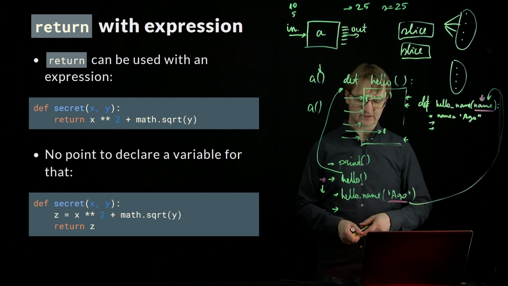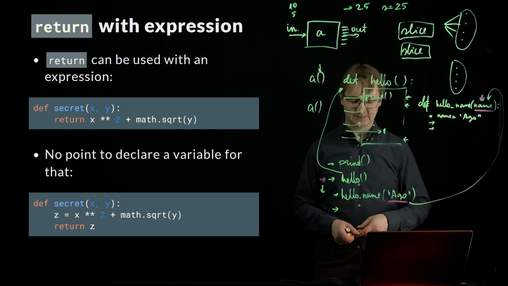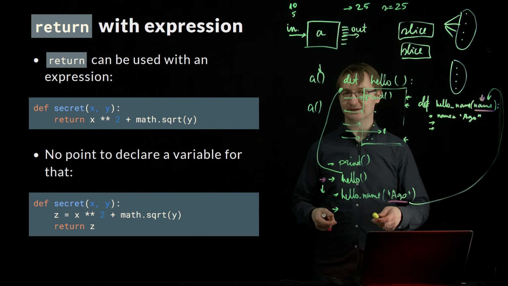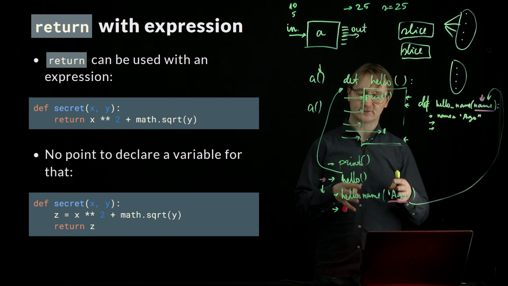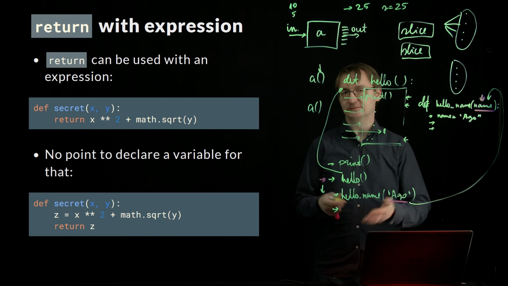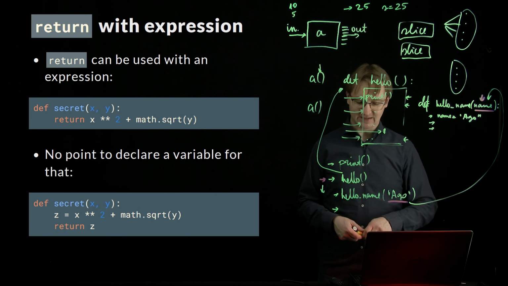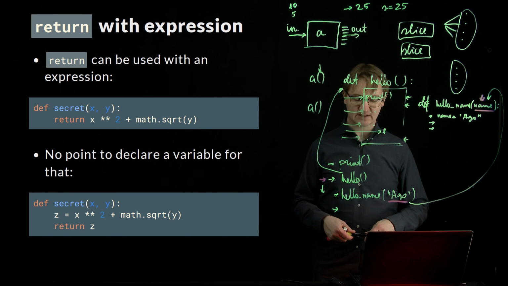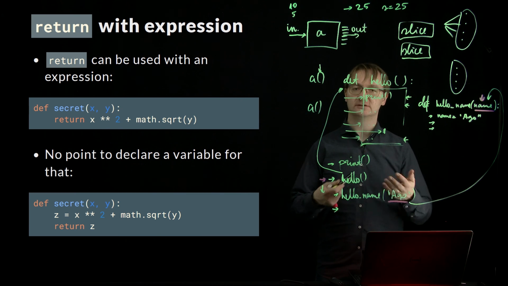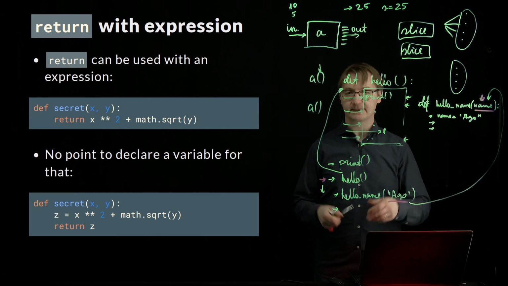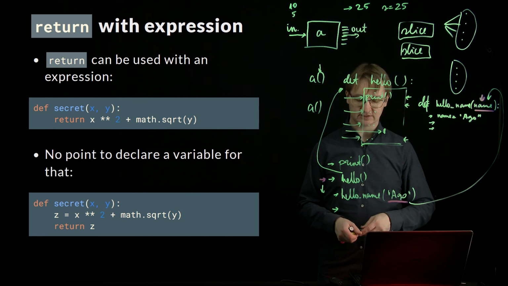There are different problems. For example, one problem is how to name this extra variable here, because usually we should use meaningful names for the variables. In this case, it would be maybe hard to come up with an additional name for this variable. So instead, if you want to return an expression, just return the expression. There is no point to calculate it into a separate variable and then return it.